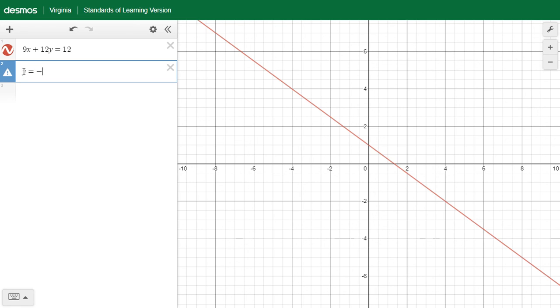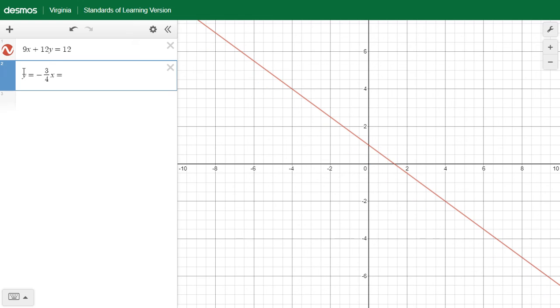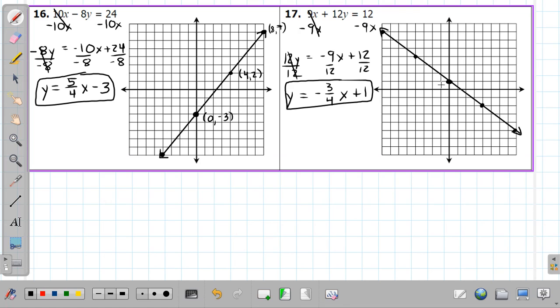Y equals negative 3/4 x plus 1. Again, it looks kind of weird that it's this way, but look at what we have. We have the same exact line. The blue covers up the red. That means our equation is correct, and that means our graph matches up.